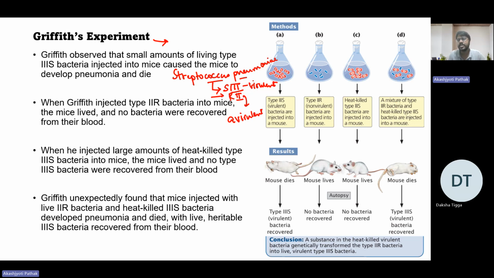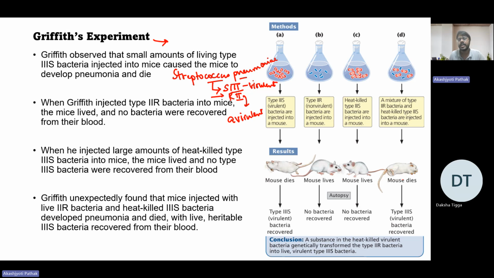The expected result should have been that because the S3 type bacteria is heat killed, it has lost its pathogenicity and can no longer cause any disease, and the R2 does not cause any pathogenicity. So the mice should have stayed alive, isn't it?